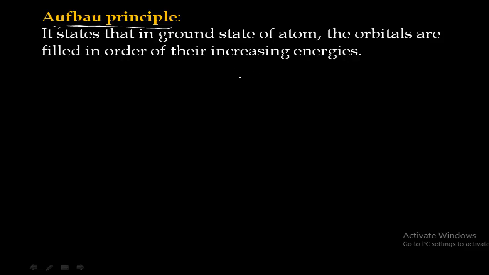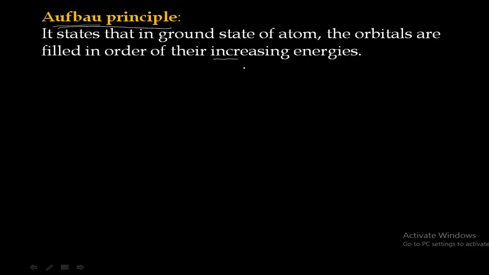So first the electrons will move to the orbital having lower energy, then go to the higher energy, again to a still higher energy. So thus it gives how the electrons are filled in the orbitals, in the order of their increasing energies.